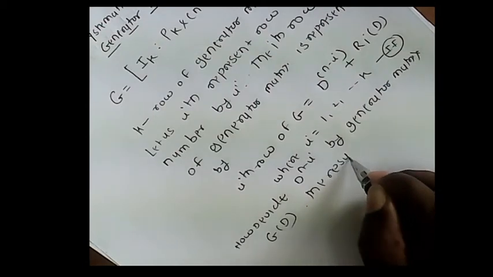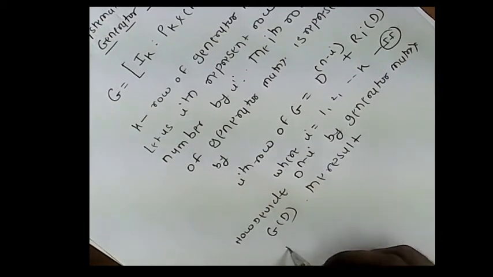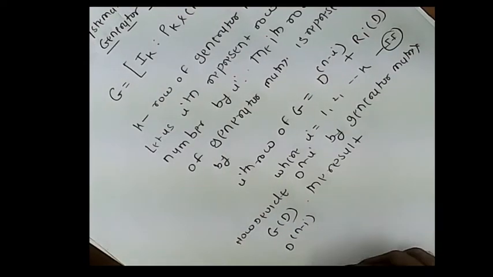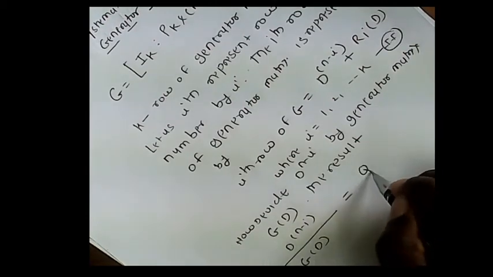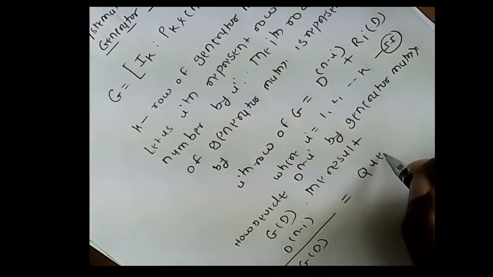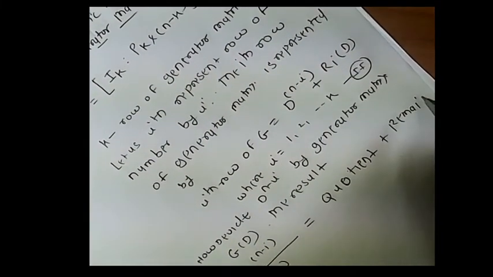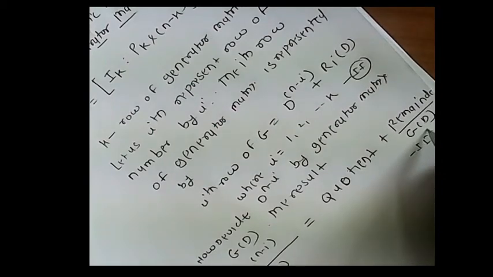The result becomes d raised to n minus i divided by g of d equals the quotient plus the remainder divided by the generator polynomial. So this is equation number 3.